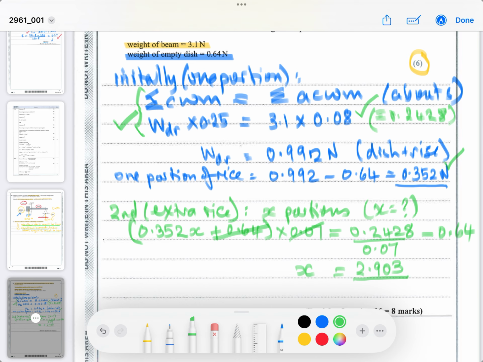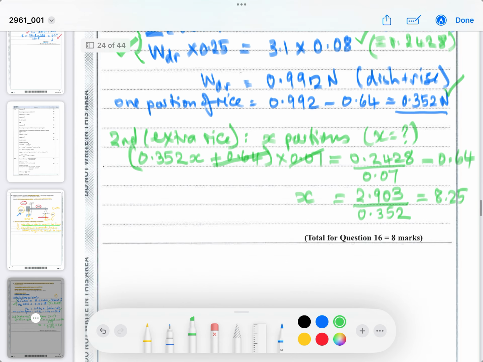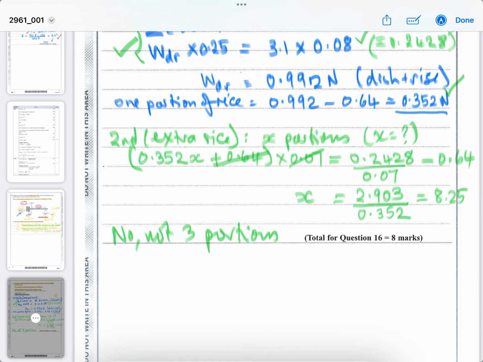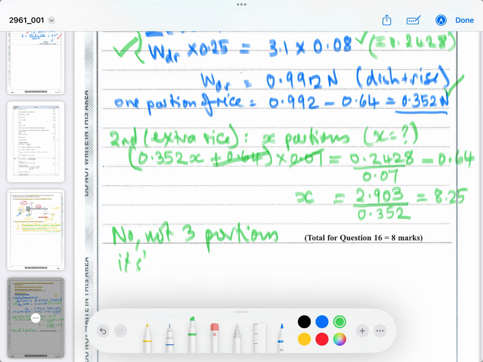Divided by the one portion, 0.352, and that tells you that you're about 8.25. X equals 8.25. So no, not 3 portions. For that balance, it's 8.25 portions.